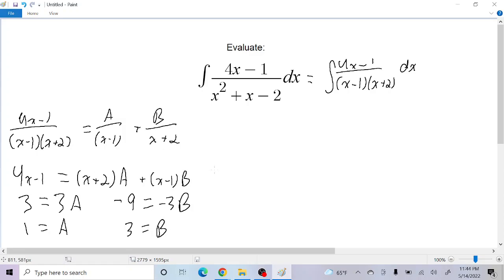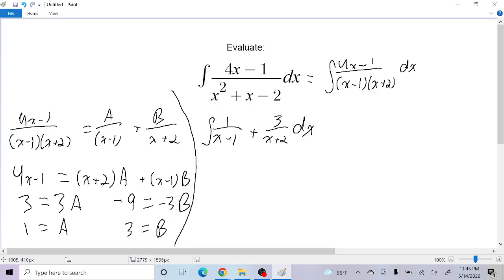Okay, now we're going to plug this back into our integral. We're going to box this off. We're going to go right back to the integration now. So, this integral has now become the much easier to solve 1 over x minus 1 plus 3 over x plus 2 dx.